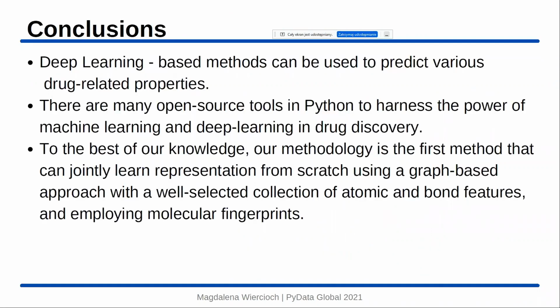Yes. And to sum up, we introduced a method that is based on a deep neural network approach. And our method can be used to predict the biological and physicochemical properties of small molecules.